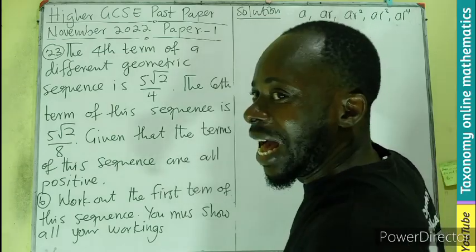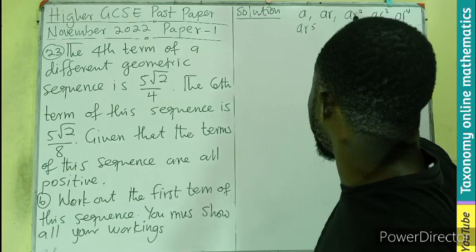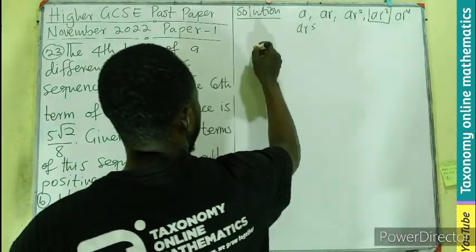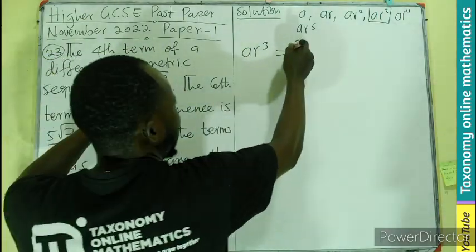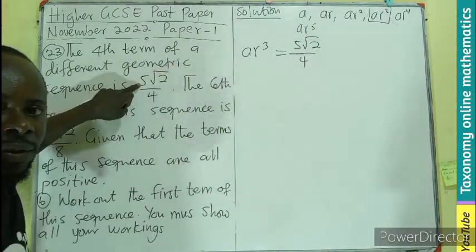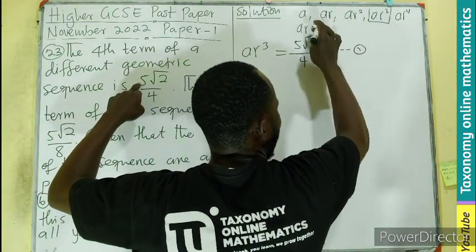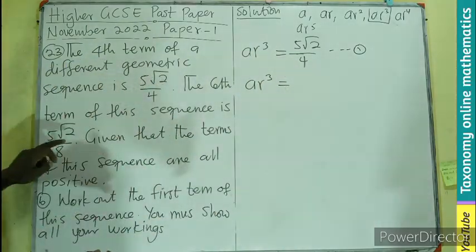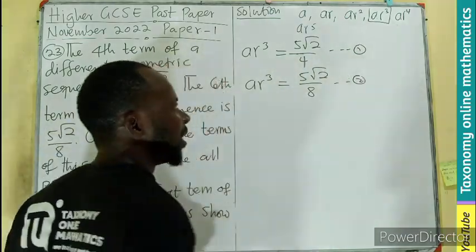So first, second, third, fourth, fifth, sixth. They are saying that the fourth term, which is A R exponent 3, is given to us as 5 root 2 on 4. Do you see that? So this is forming an equation. Then we can also see that the sixth term, which is A R exponent 5, is also given as 5 root 2 on 8 as the second equation.